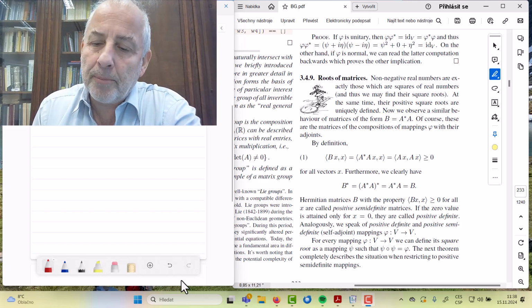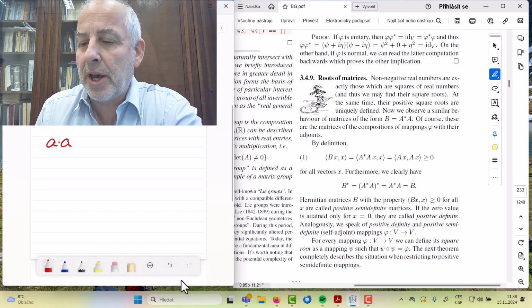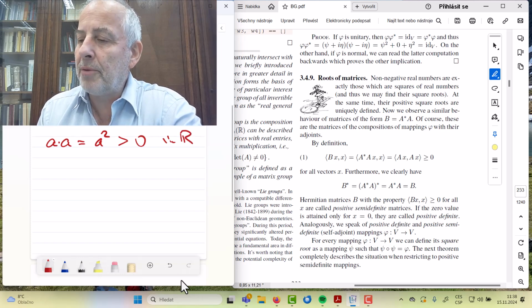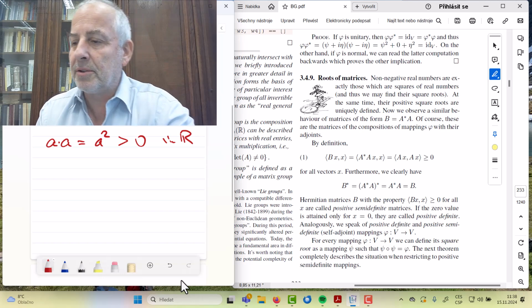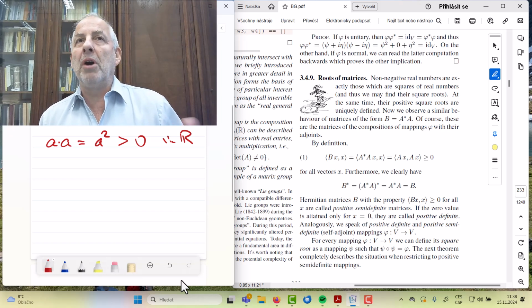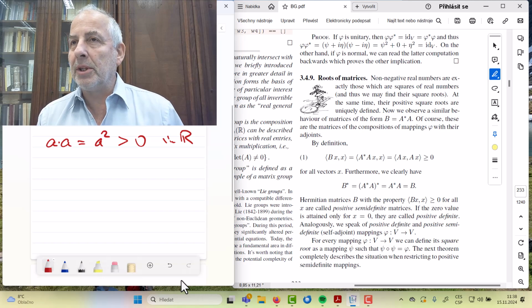You know that if I have in real numbers A and I take A times A, it will be A squared, and that will always be bigger than or equal to 0 in R, right? And if I do the same with matrices, then it doesn't work, right? So it's A times A, it's not very nice, because it's again A squared, but what to say about it, we don't know much.